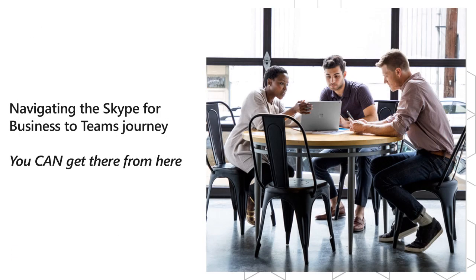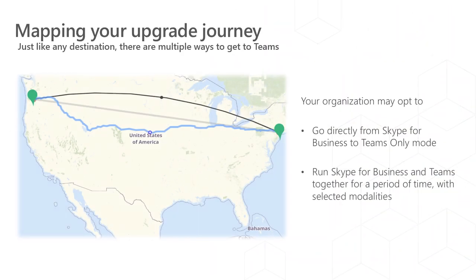You can get to Teams from Skype for Business. Navigating the journey is not as difficult as it may seem. It's all about mapping your upgrade journey. Just like any destination, there's multiple ways to get to Teams. If I'm going to go on a vacation, there's multiple ways that I can get to my vacation destination as well.